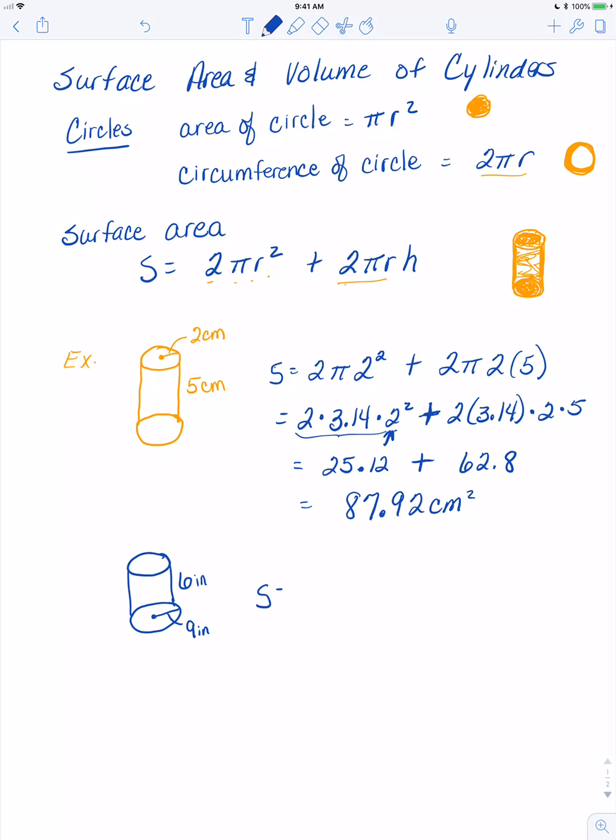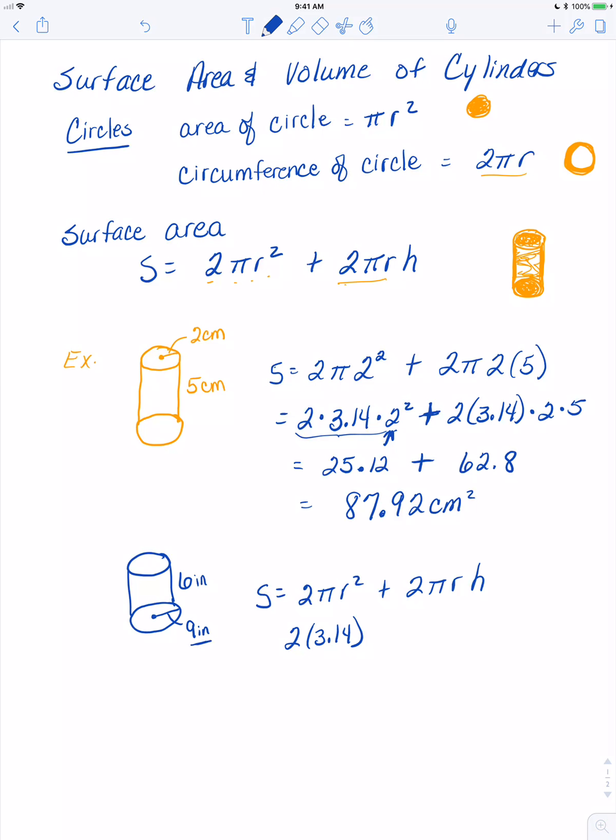Surface area is 2 pi, well, let me write the formula, 2 pi r squared plus 2 pi r h. So 2 times pi times the radius.